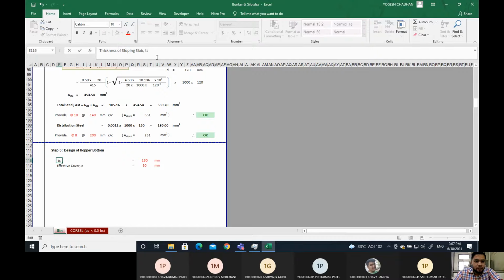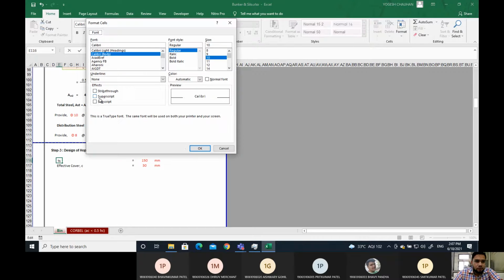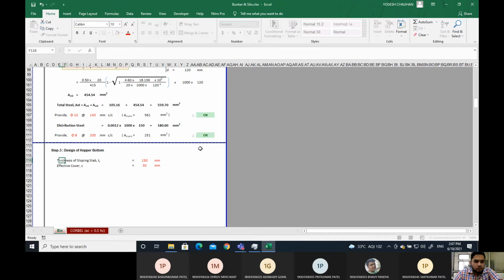Let us call this as TS. You can make this as subscript. And let this thickness be 150 mm only. And here we also add lining. So let us add 30 mm lining or 25 mm lining.